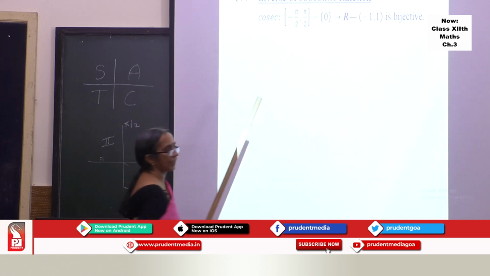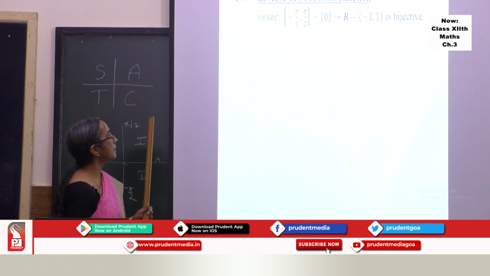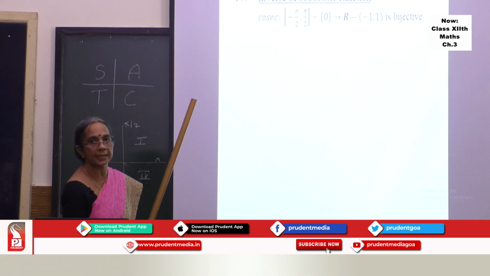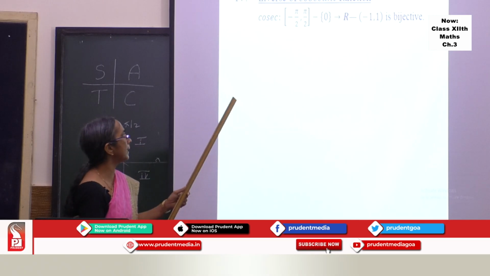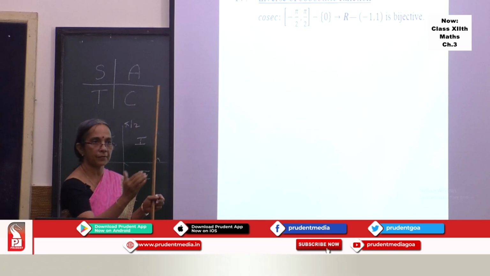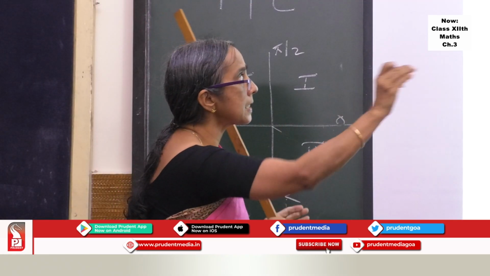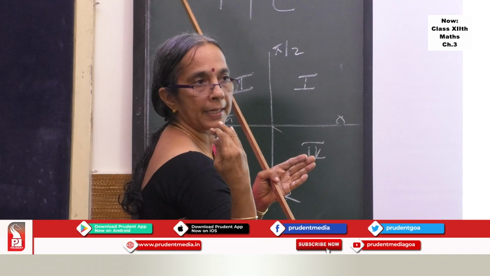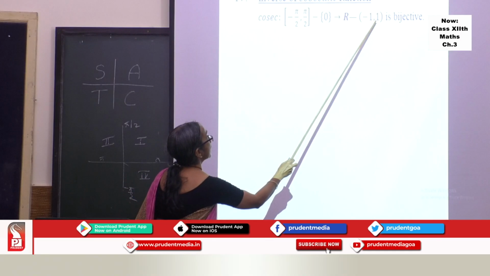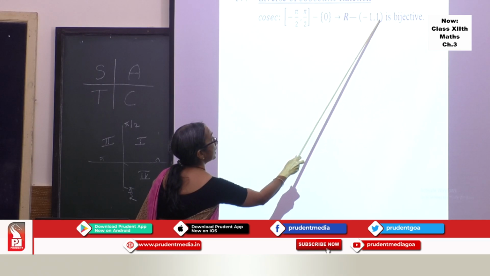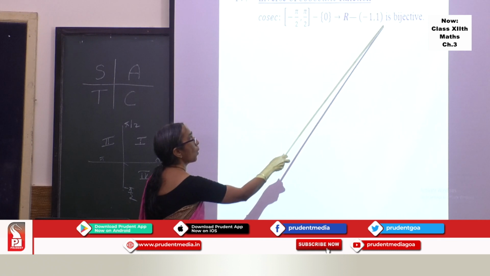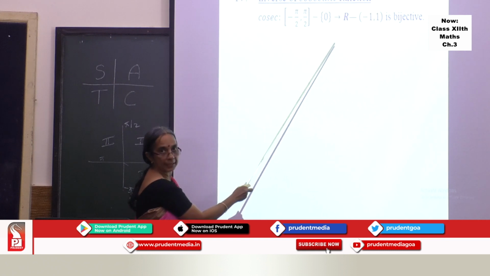And the range is different. Range is R minus the open interval minus 1, 1. What do you mean by that? From the set of real numbers, remove that interval minus 1, 1. That means it can be any real number greater than or equal to 1. We are not removing 1 because the interval is open; only the open interval we are removing.